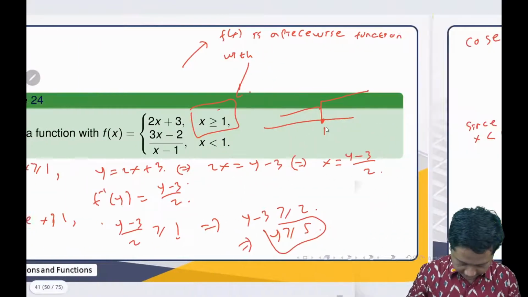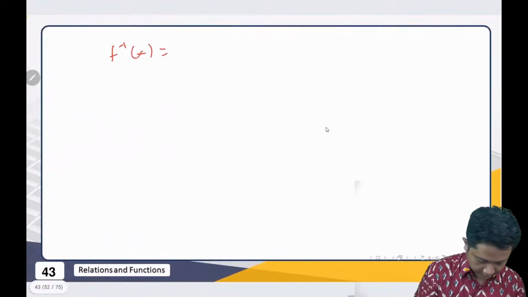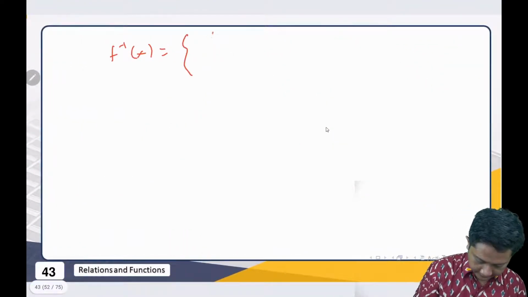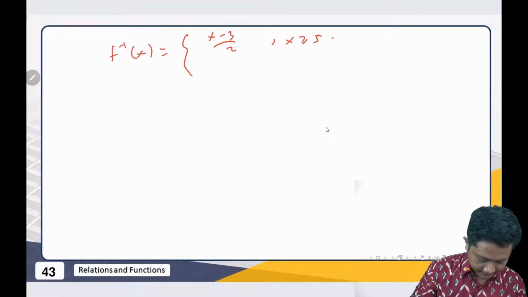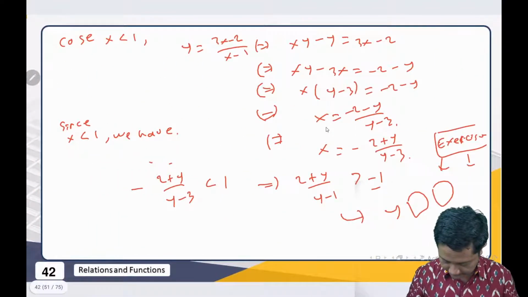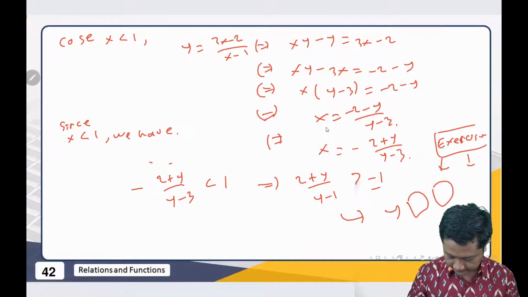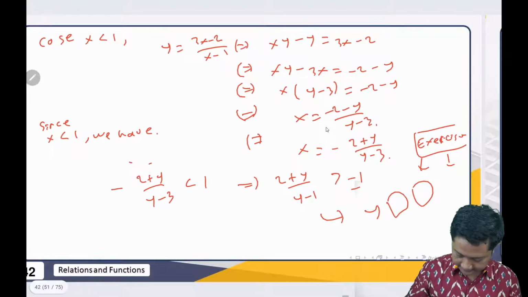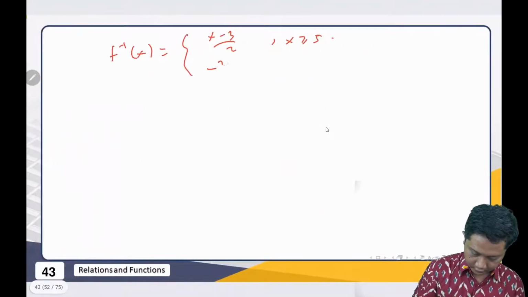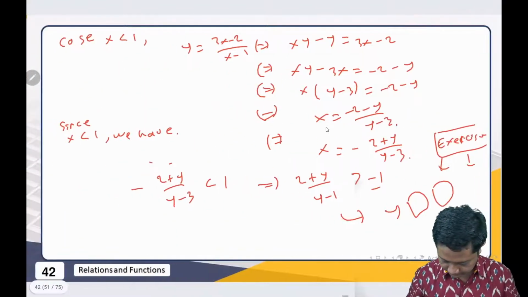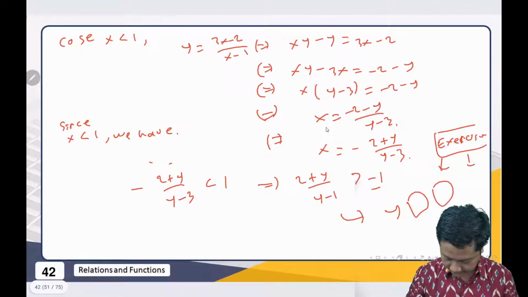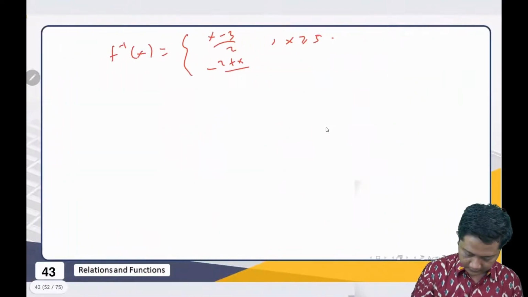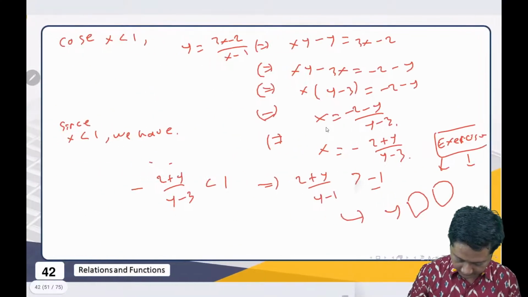What we have, y minus 3 over 2, right? So we have here x minus 3 over 2. Then this one is x greater than 5. Then the second one is 2 plus x over y minus 3.